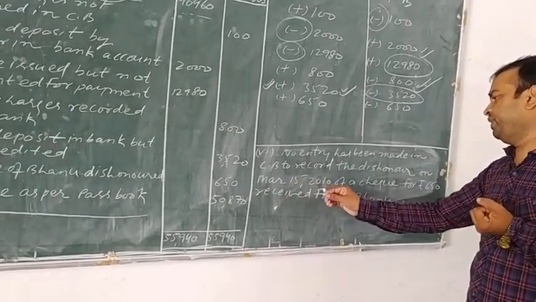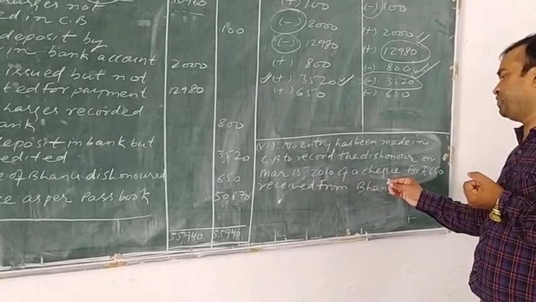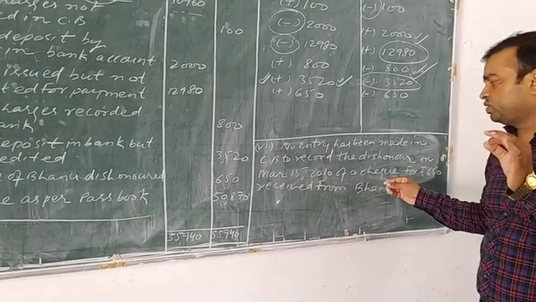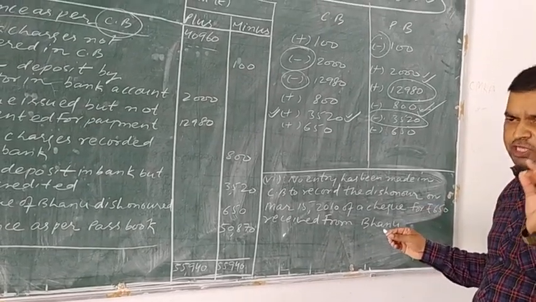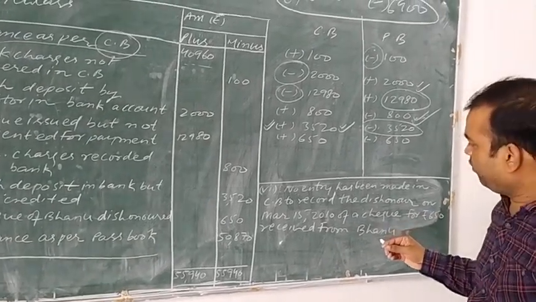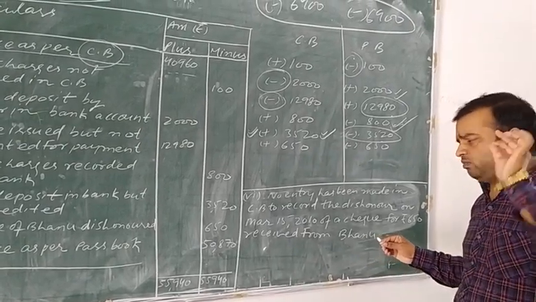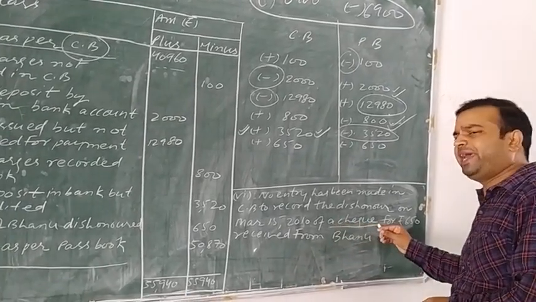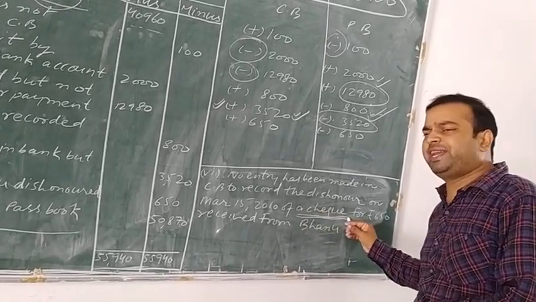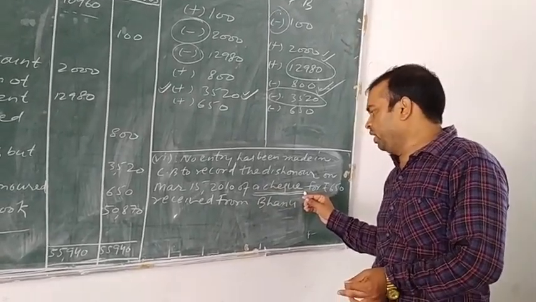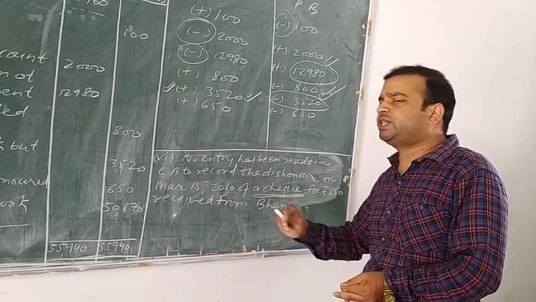On March 15, 2010, a check was bounced, means a check was deposited within the bank, but when the check was to be encashed, there was some problem in encashing the check. Means the check was dishonored.